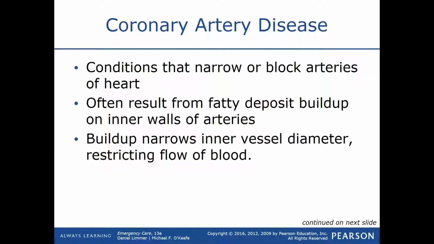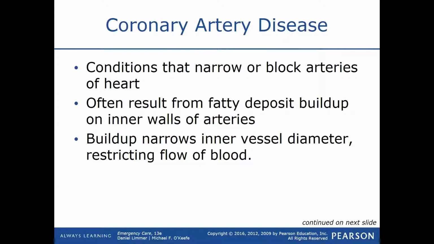All right. So like I said, usually all this means is that the coronary arteries. So again, we're still talking about the coronary arteries. So in acute coronary syndrome and coronary artery disease, it's the same thing. I mean, the same location. And that's the vessels that deliver blood to the heart itself. So with this disease, like it says here, the vessels themselves are narrowed, and that's usually because of a buildup of plaque.